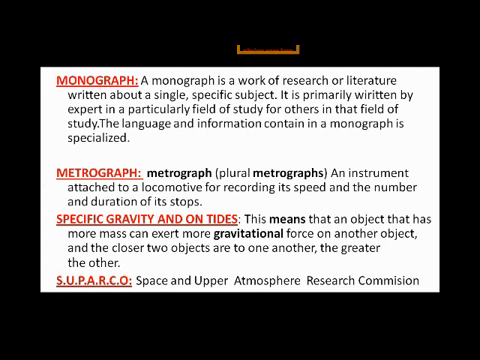So we get another degree, that is FRCS, and that person works only on that field: the eye, the ENT, the heart, the lung, whatever it is. So in the monograph, the scientists work on a specific field or a specific subject.